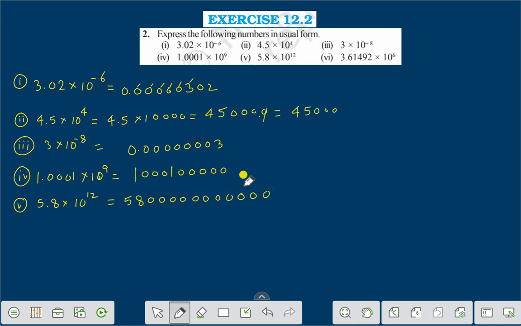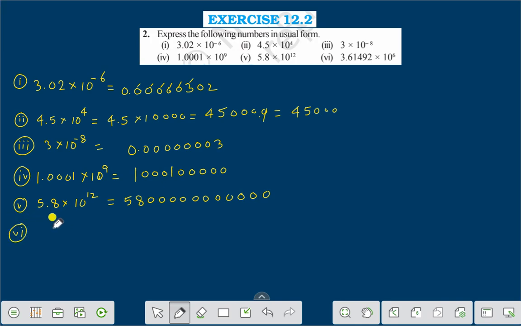How many zeros are there? You count it here. That is 1, 2, 3, 4, 5, 6, 7, 8, 9, 10, 11. And 0.8 here, that is 12. That means we are getting 11 zeros. Right?